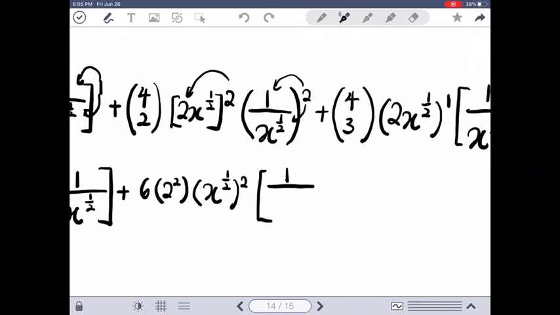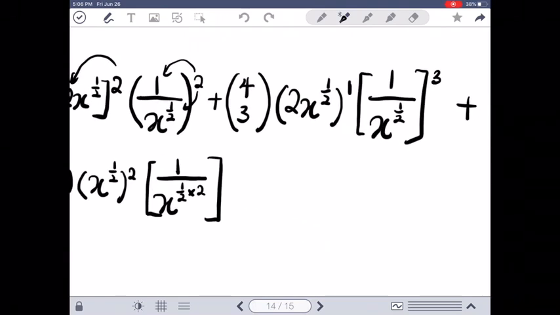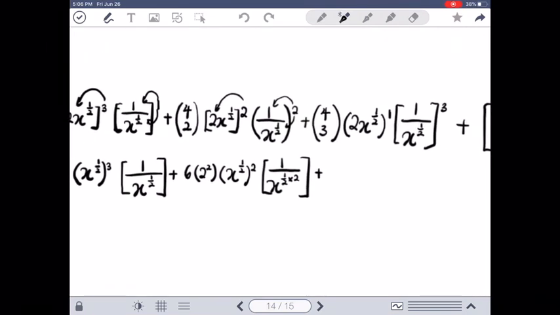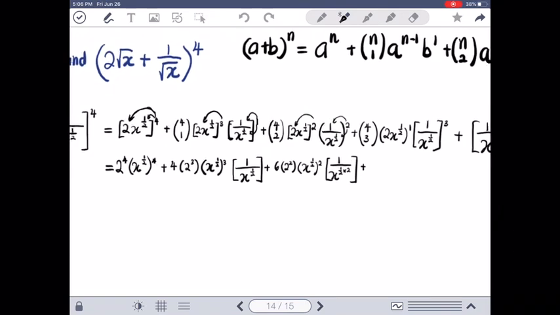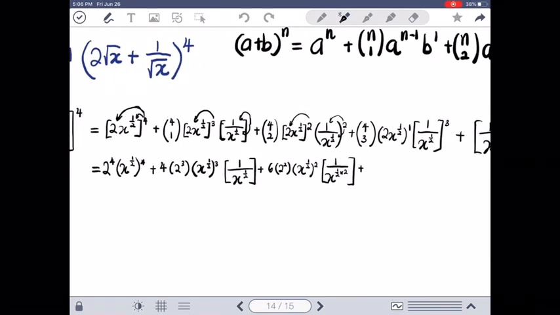It's just 1, anything to the power of anything, you get 1. And then x to the power of 1 over 2 will need to multiply with 2. Plus the third term, 4C3, is equal to, let me see, 1, 2, 3.